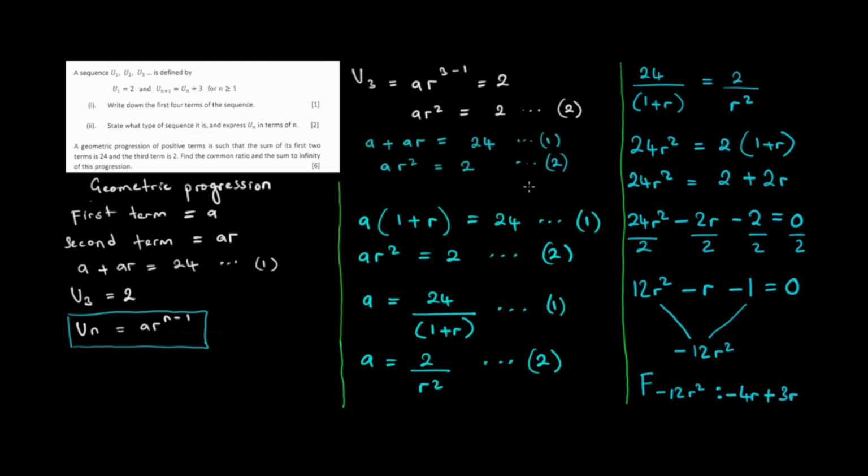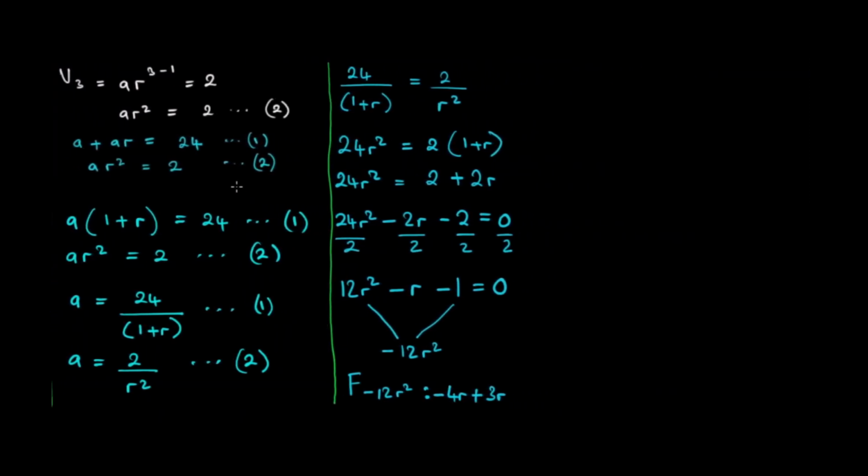So because of this, we can now solve this quadratic equation more easily. We are going to substitute, as usual, the middle term minus r with minus 4r plus 3r. So this becomes 12r squared minus 4r plus 3r minus 1 is equal to 0.